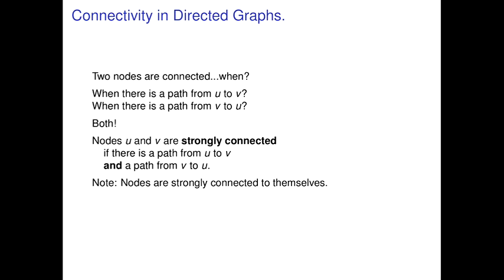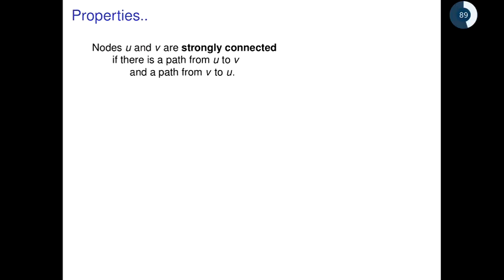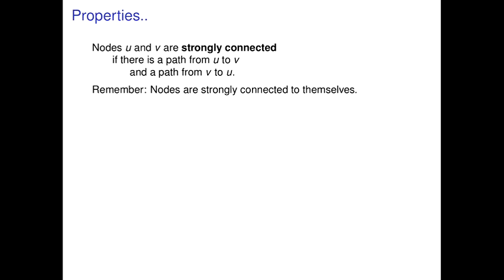We consider a zero-length path to be a path from a node to itself. Okay? Path with zero edges in both directions. Okay, so this is the basic case that nodes are strongly connected to themselves.